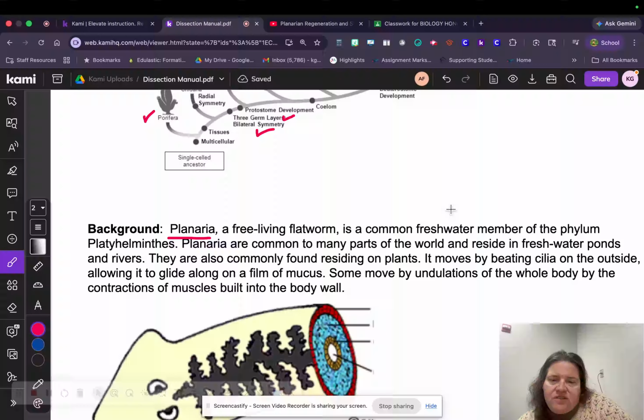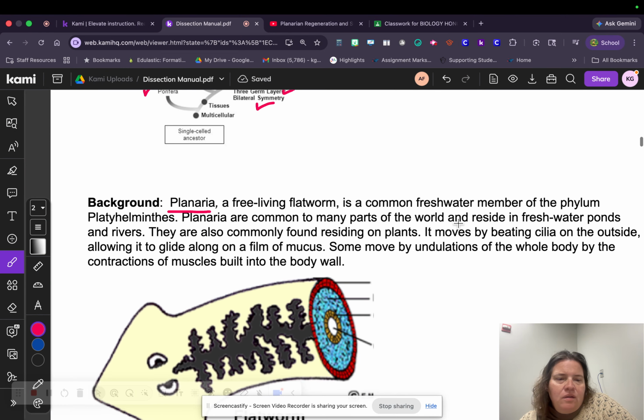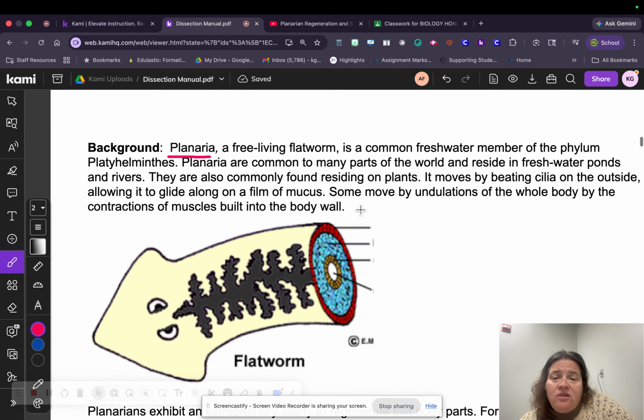In fact, if I have difficulty, maybe I forgot to order some, or I ran out of money in the budget, I have in the past, more in my younger days, spent an hour or so down by the river, and I'll just overturn rocks, and you can find them sticking there. So yeah, they usually live in water environments, but there are some land planarians as well.